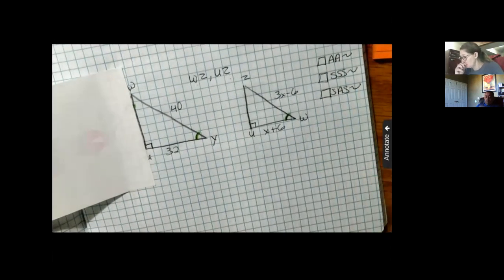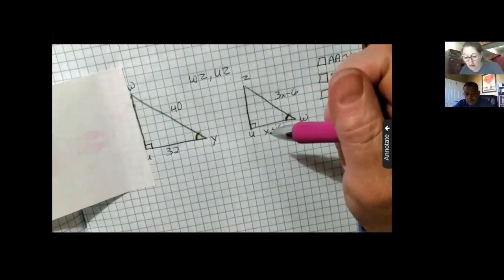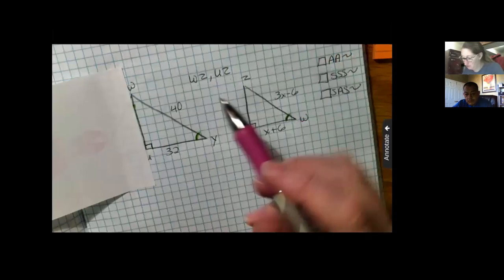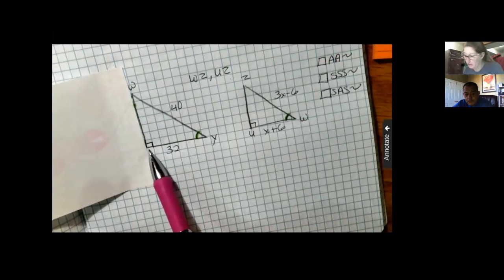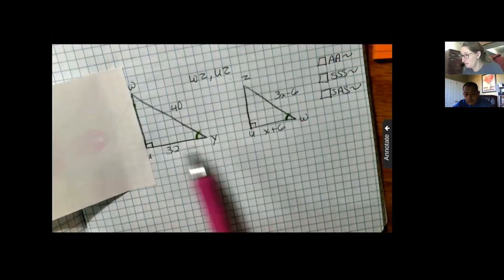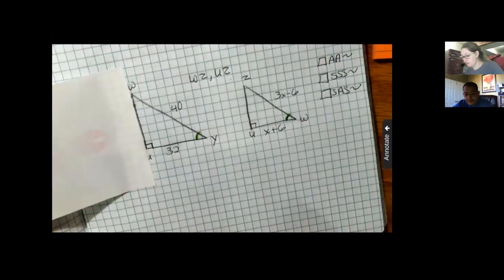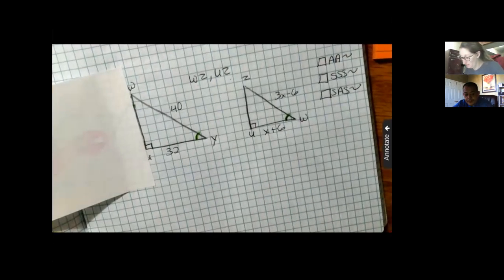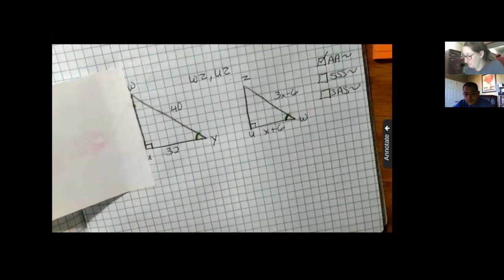So we can guess that we have an angle here and an angle here. We don't know the sides for sure without doing the proportions, but because we're missing sides, that would take a lot more work. So we can go by angle, believe it or not. So we're going to do that, okay?